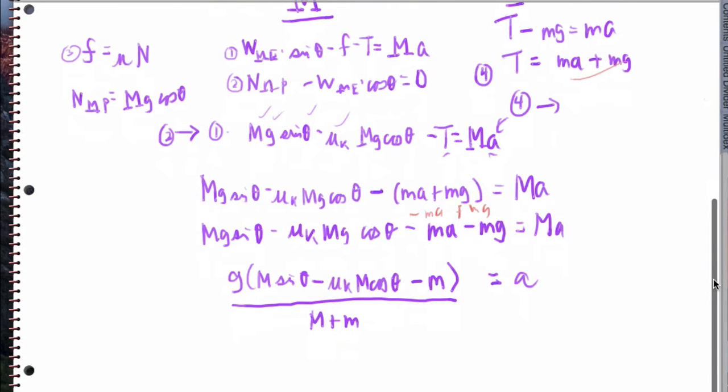And so basically what I'm saying is that the acceleration is the downward force component of gravity acting on big M, competing with friction and the weight of the little block to get it to accelerate.